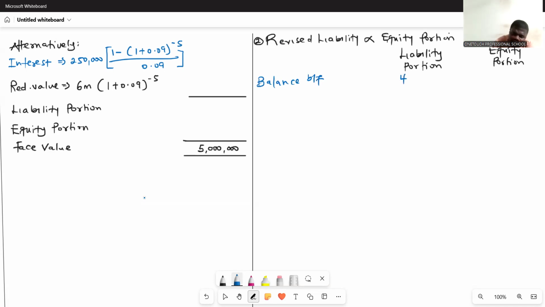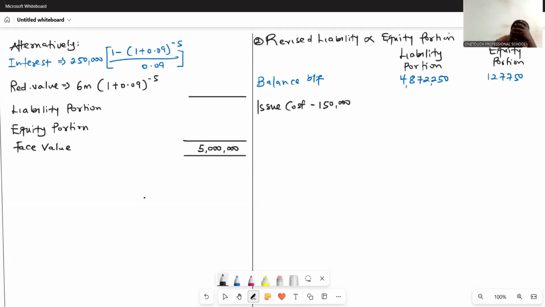The balance brought forward we had 4,872,250 for the liability, then this one was 127,750 for the equity. But we want to share issue costs of 150,000 and then deduct.